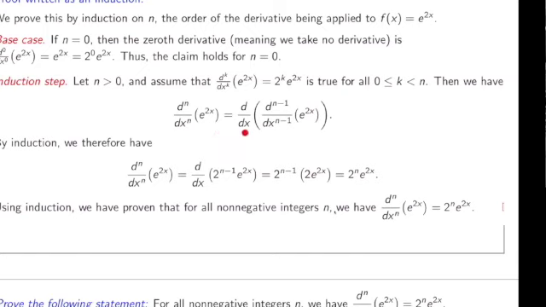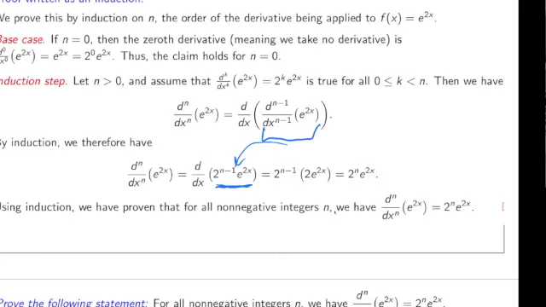And so in this process, what we could do is recognize that the nth derivative of this expression is equal to taking the first derivative of the (n minus 1)th derivative, right? And so from the inductive hypothesis, we've assumed that for any value less than n, which would include n minus 1, this property holds. So for n minus 1, we can assume by the induction hypothesis that it equals 2 to the n minus 1 times e to the 2x.